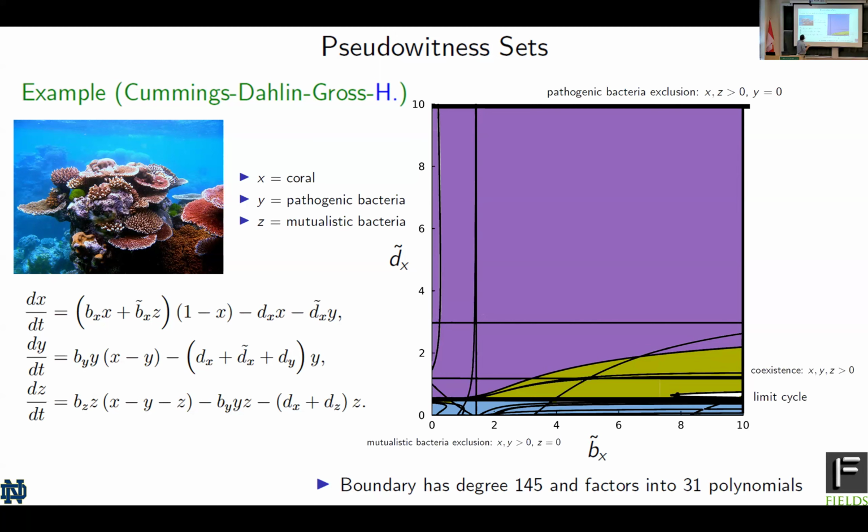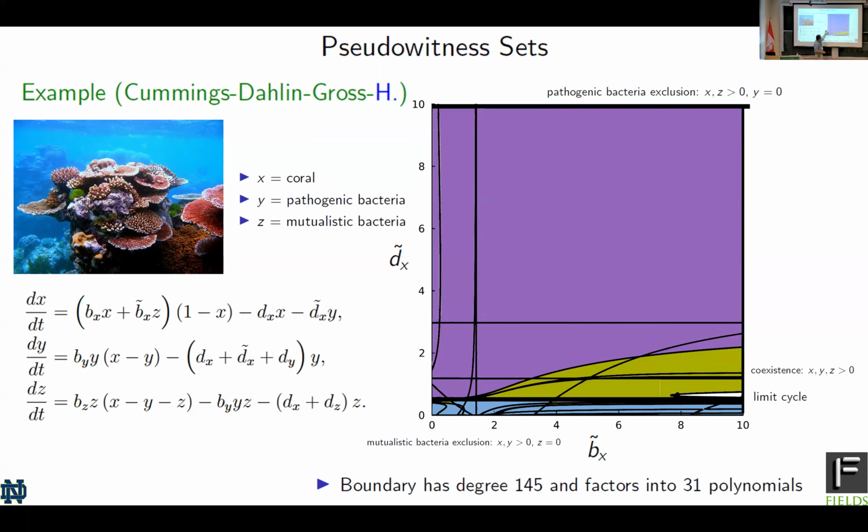And so here's a dynamical system to describe the coral reef when you have two kinds of bacteria. One that tries to kill it, which is pathogenic, and one that lives in a way that is mutually beneficial to both. That'll be Z, the mutualistic bacteria. Everyone is happy when Z is there. The coral is not happy when Y is there.